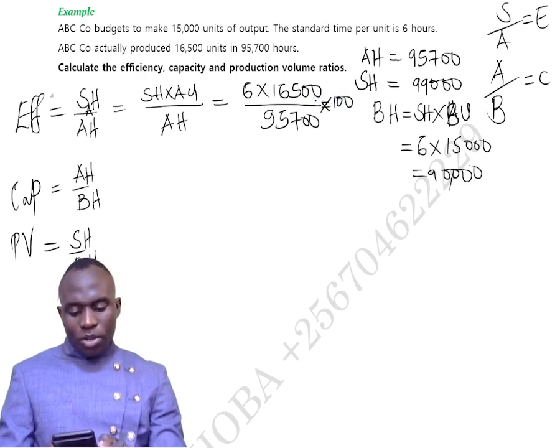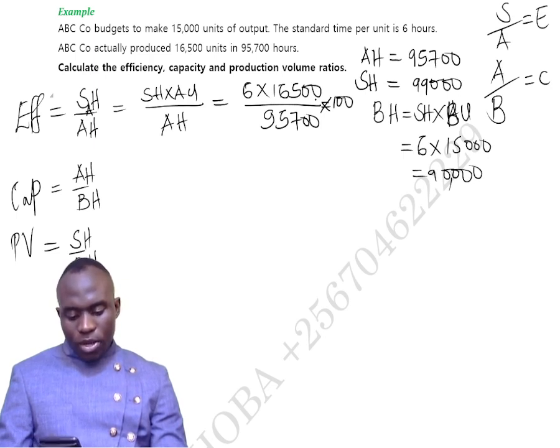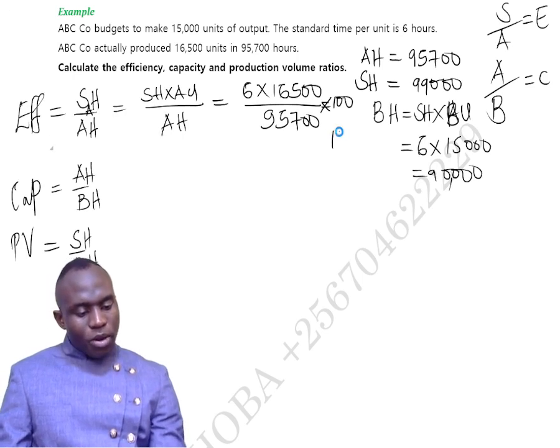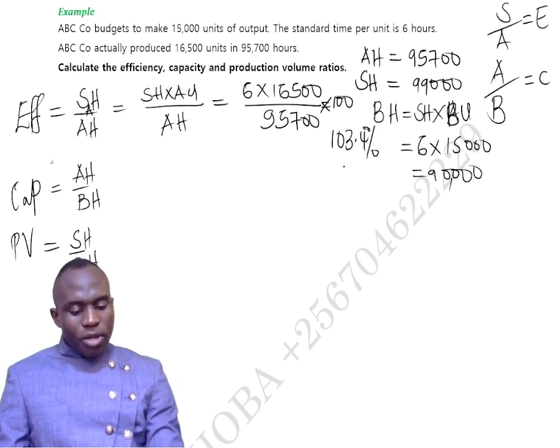If we work out, it would be 99 divided by 9,500, times 100. So we get 103.4%.